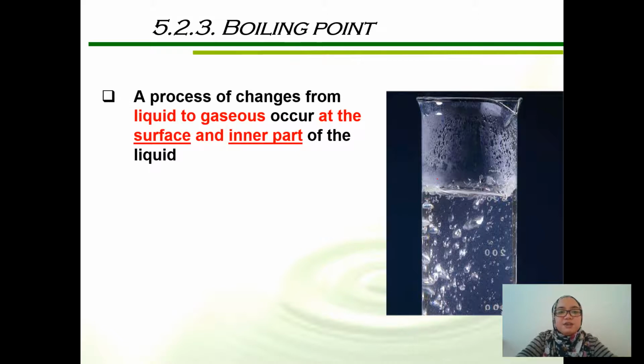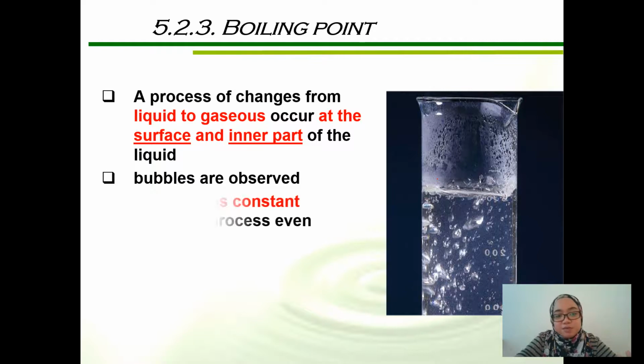So boiling point is a process of change from liquid to gases which occurs at the surface and inner part of the liquid. Okay, nampak kan? Tadi vaporization occurs dekat surface part of the liquid saja. But boiling, the process occurs at the surface and the inner part. Senang cerita, throughout the liquid. Okay?